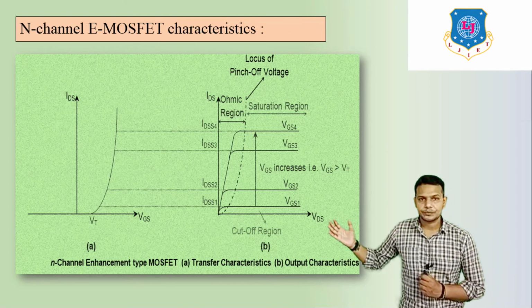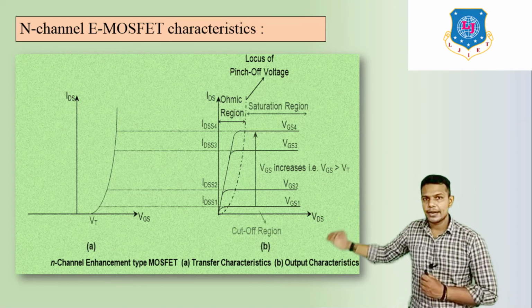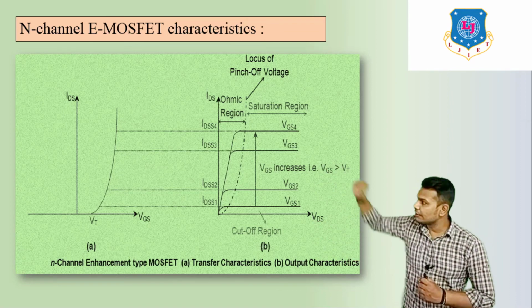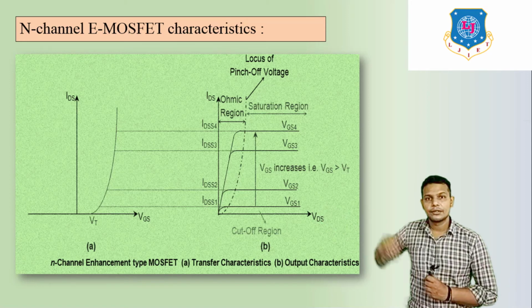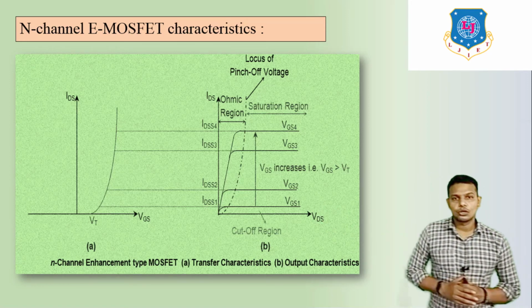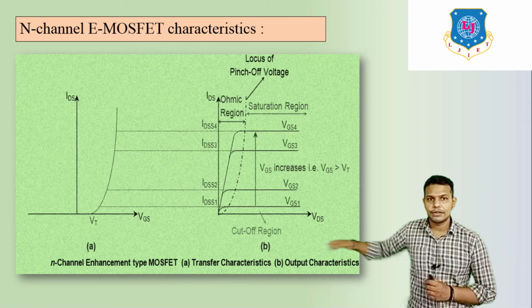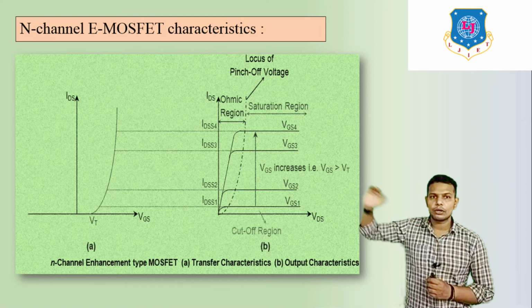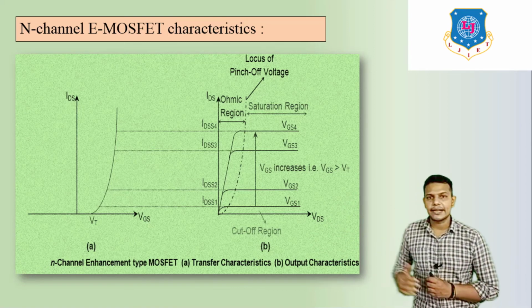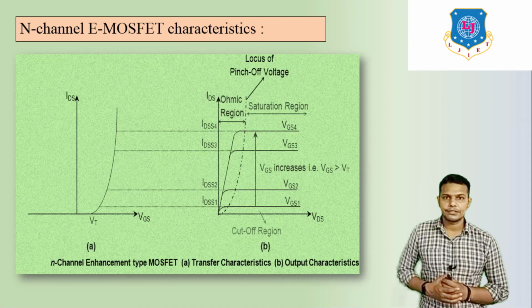Here we can see on the x-axis VDS voltage, and on the y-axis ID. If we increase VGS to 1, 2, 3, 4 and so on, the flow of drain current is also increased.